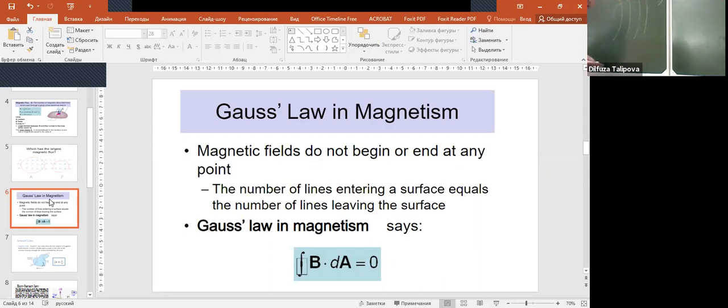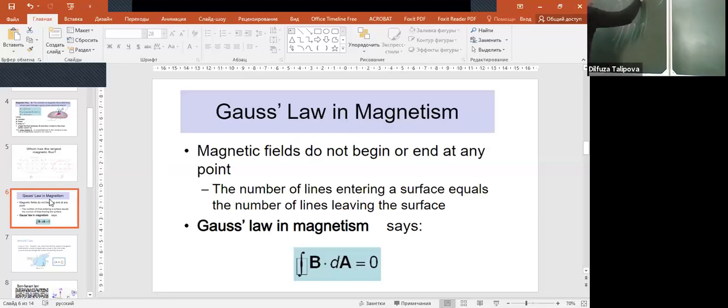It means that the magnetic field lines going up are leaving this surface.